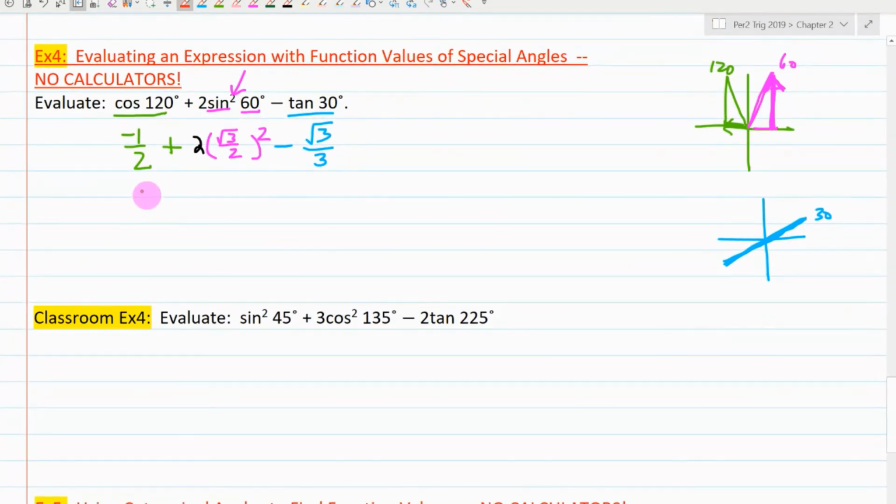All right, so let's go ahead and finish this up. In this case, we're going to have negative 1/2 plus 2 times, and we have to square this first. So we square the radical 3. We square the 2. So then we have negative 1/2 plus, if we reduce this, we're going to have 6/4. So that's 3/2.